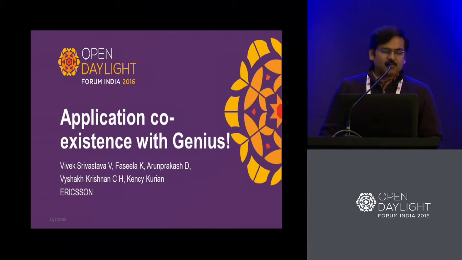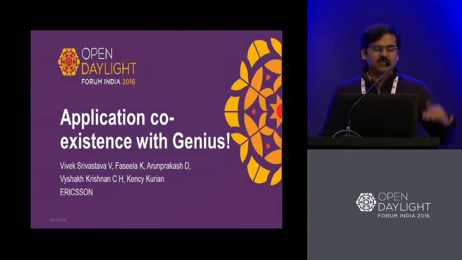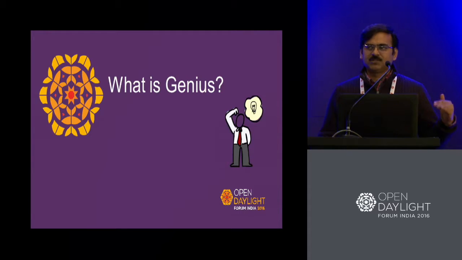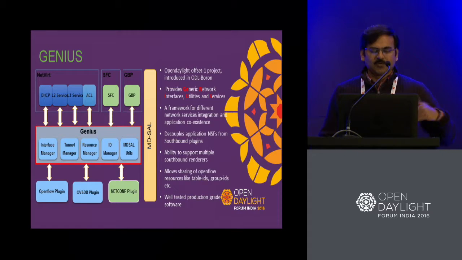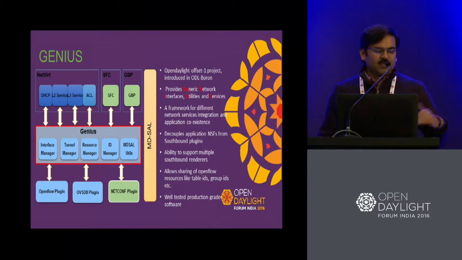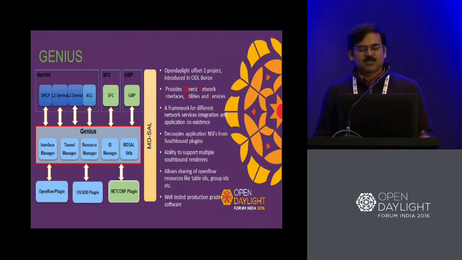The next major function of Genius is that it decouples the southbound plugins from the northbound application modules. So the application modules, without bothering about the southbound plugins, can interact only with Genius and do their work. Further, Genius has the ability to add new southbound renderers.